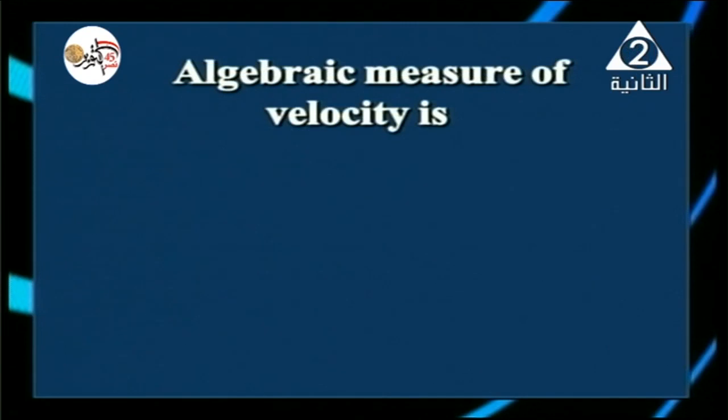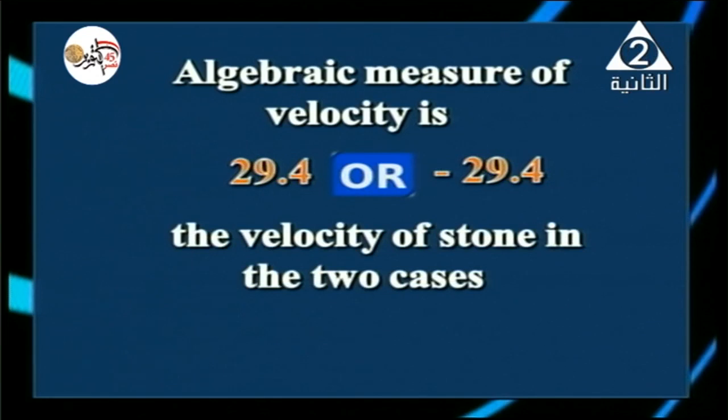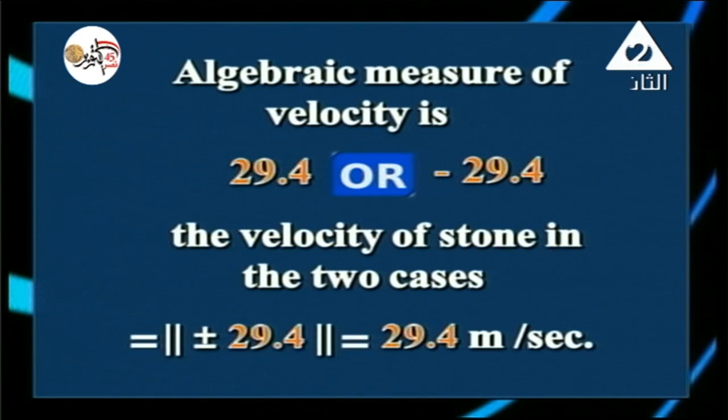The algebraic measure of the velocity equals 29.4 or negative 29.4, the velocity of the stone in the two cases. Positive or negative, the norm or the length equals positive 29.4 meters per second. This is the speed of the stone in the two cases.